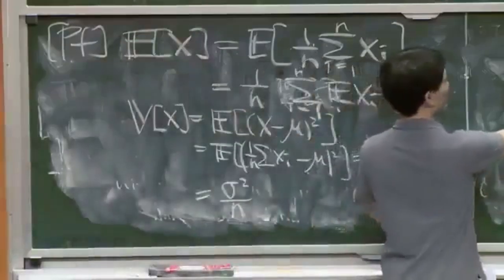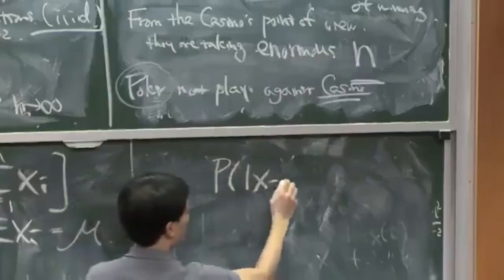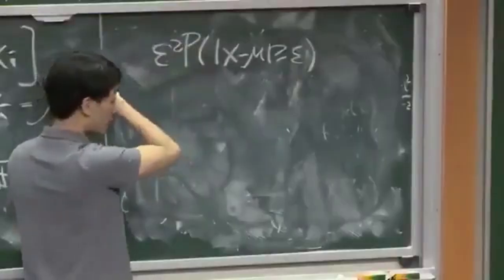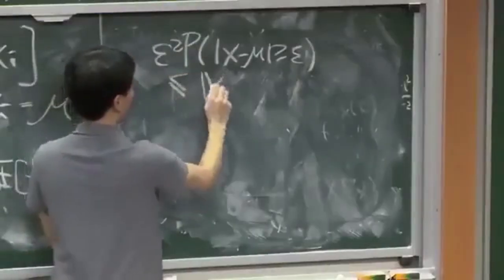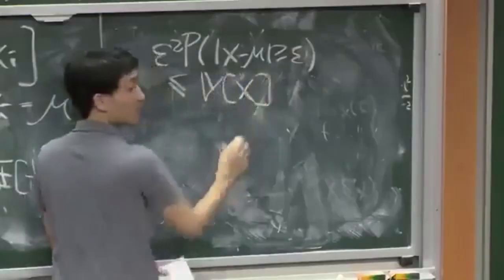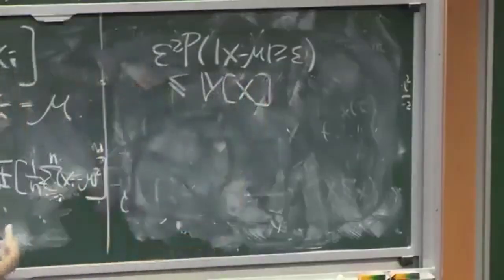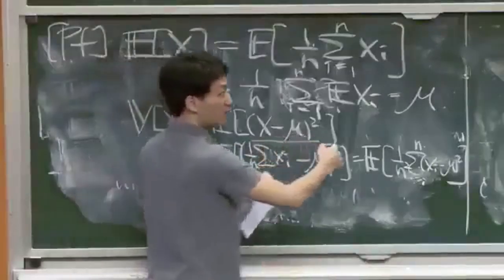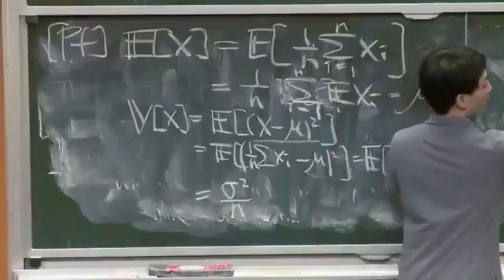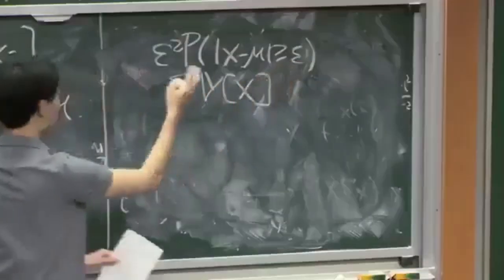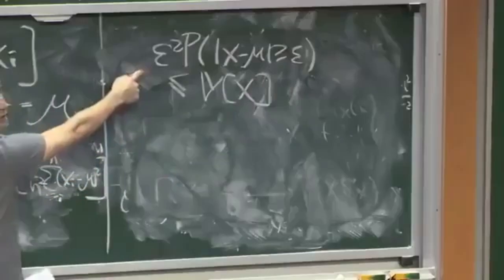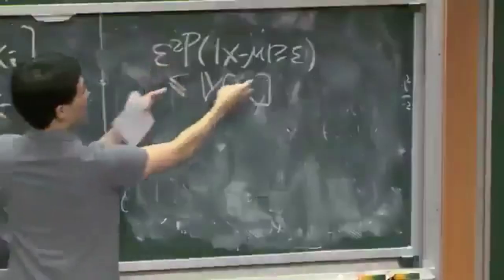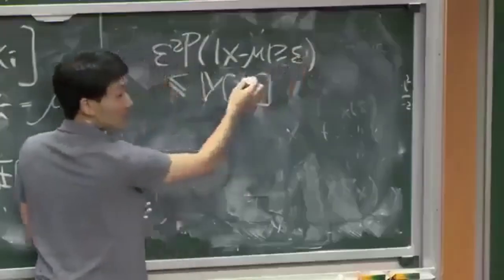There's only one thing you have to notice: the probability that x̄ minus mu is greater than epsilon, when you multiply this by epsilon squared, will be less than or equal to the variance of x̄. The reason this inequality holds is because the variance of x̄ is defined as the expectation of x̄ minus mu squared. For all the events where you have x̄ minus mu at least epsilon, your multiplying factor will be at least epsilon squared when you fall into this event.